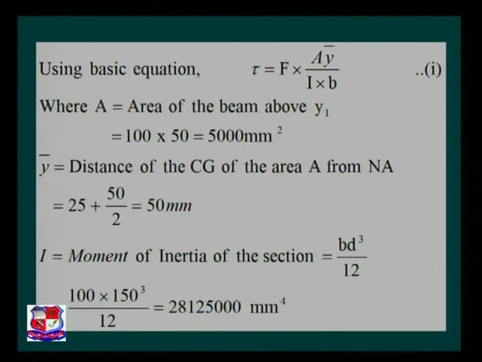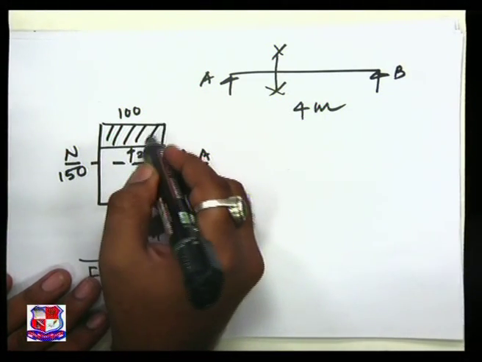Let us use the basic equation: tau is equal to F A y bar by I b, where A is the area of the beam above y1. An interesting point here: generally A is the symbolic representation of the cross-sectional area, but here the cross-sectional area is the part above the level considered. If you visualize the figure on this tabletop, this will be your area.